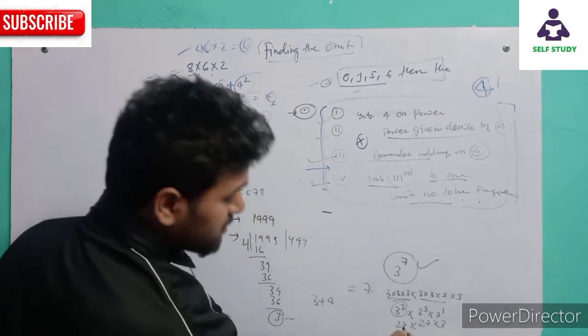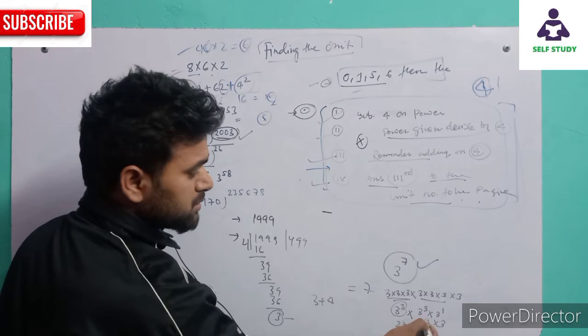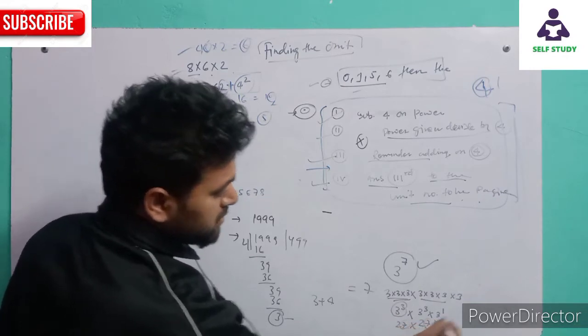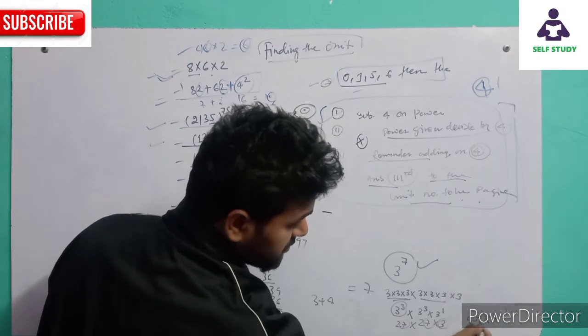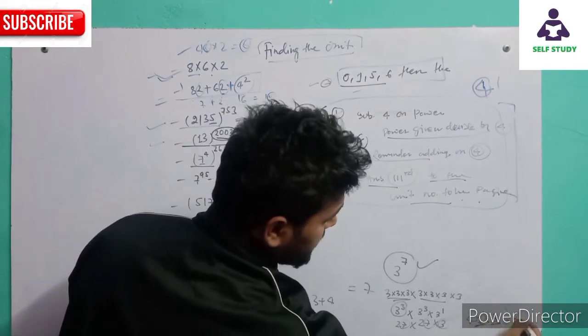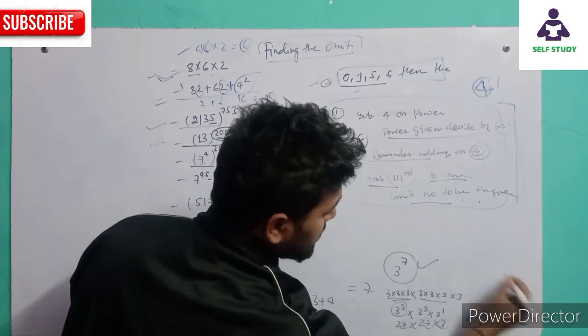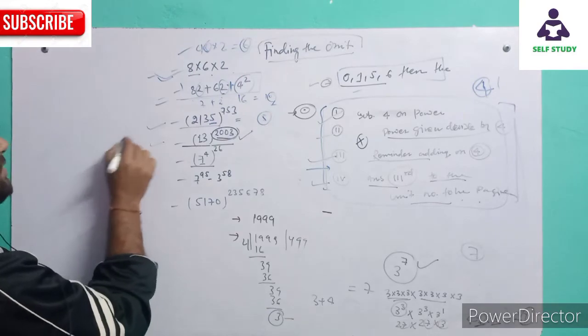So we take the unit place 7 into 7 into 3. Then 49 into 3, we again take the unit digit, 9 into 3, 27. So the final answer is 7. In this question the final answer is 7.